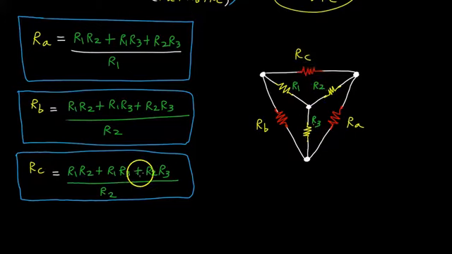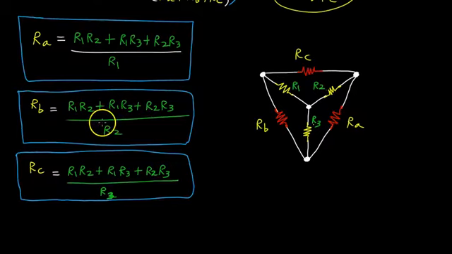And you can see that's the case here. I think I mislabeled something here. What I should have said is that this is R3. Let me check my notes really quickly, and that is correct. So that is what that's going to be. And for RB, then I'm going to take all the possible combinations again and divide by the opposite, which is R2, and that's what I see over here.